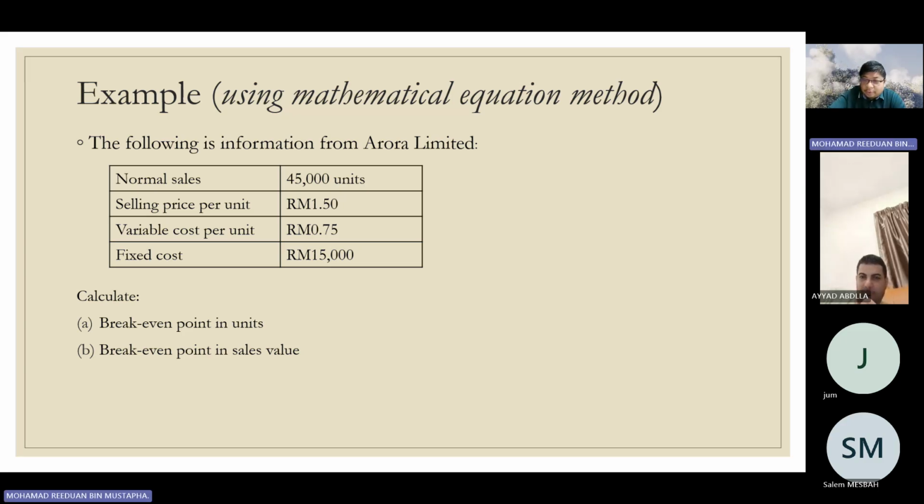And then how to get the sales? Once you already have 20,000, you just multiply by 1.5, then you get 30,000.